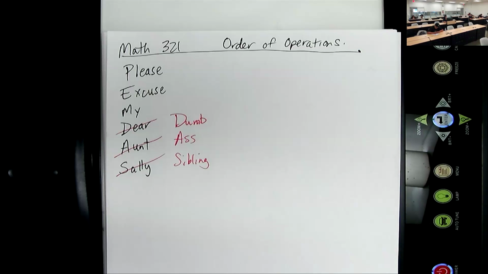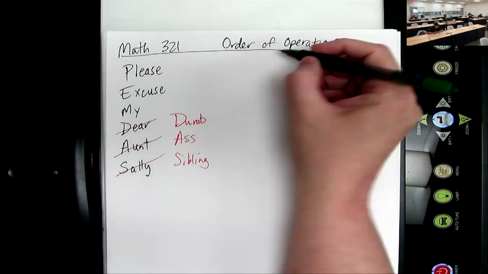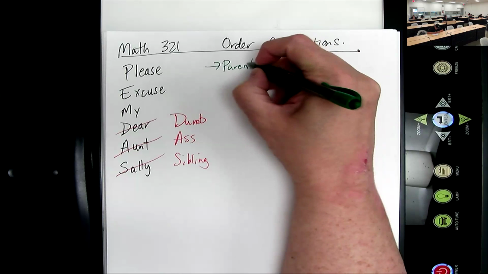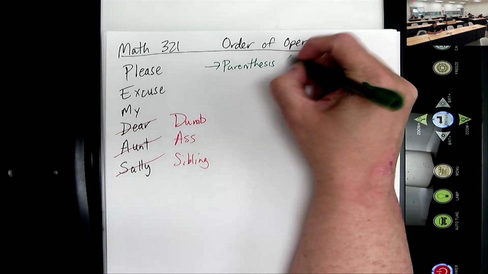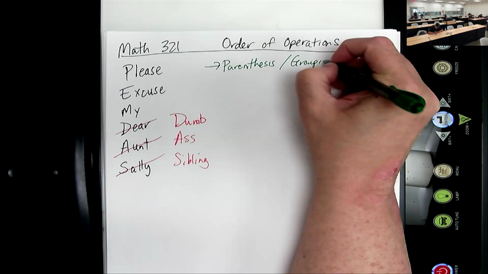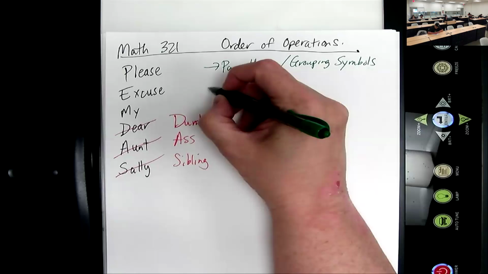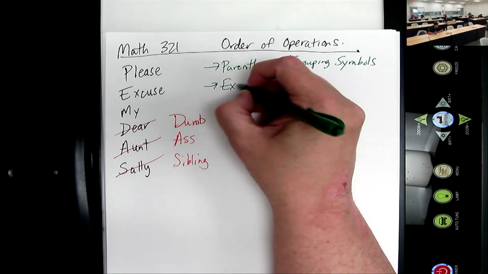P stands for parentheses. This is the order we're gonna do stuff in. P is parentheses and other grouping terms. E is for exponents.